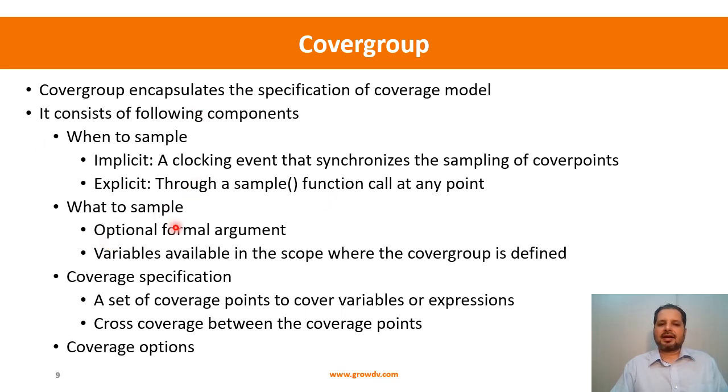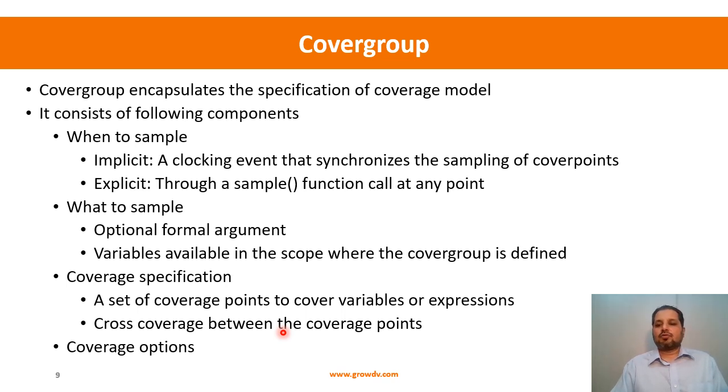And then the second thing is what to sample. That information, either you can pass it through a formal argument or variables in the scope where the cover group is defined, typically it will be properties of the class. And then the coverage specification: depending on the number of variables, you define the cover points to cover those variables or expressions, and then use those cover points to build the crosses when you need the combinations that need to be covered.